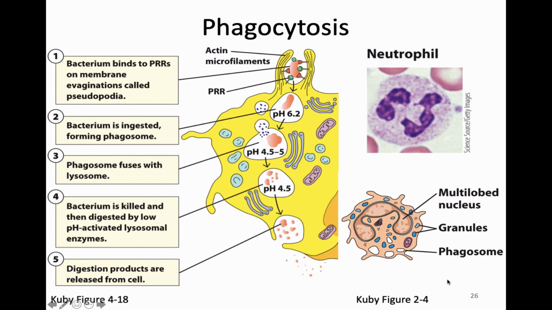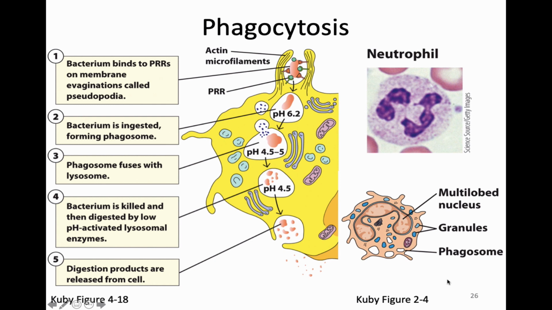This process, as I said, is called phagocytosis. And once the microbe is completely inside the cell, we call the vesicle or organelle where it is located the phagosome, because that organelle was made by phagocytosis.